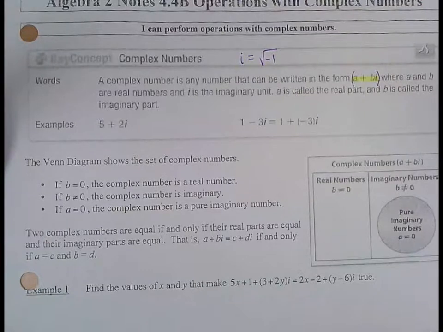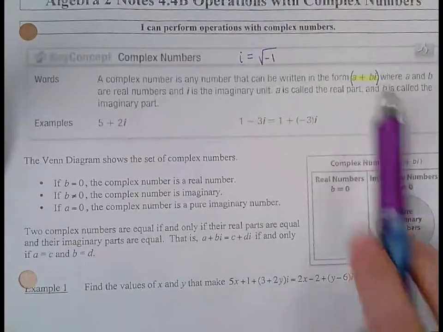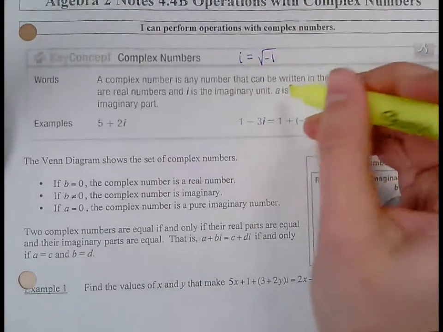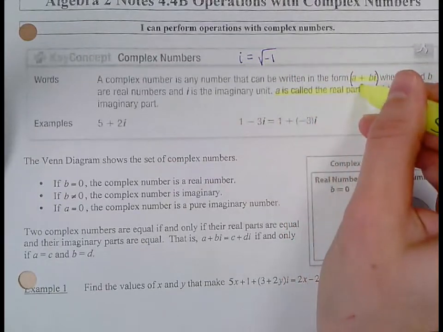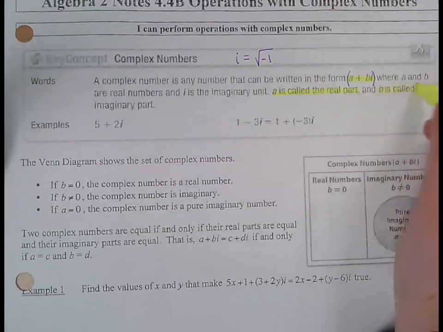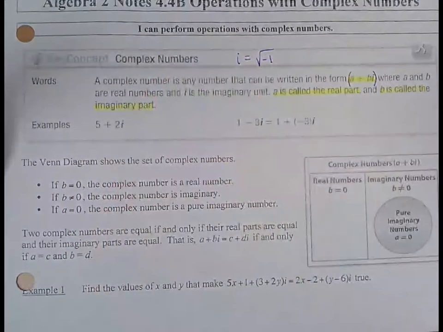So it looks like two separate numbers together, but it's one number. a and b do represent real numbers in that expression. i is the imaginary unit we talked about yesterday. a is called the real part of the number because it does not have the imaginary unit attached to it. And then b is called the imaginary part because it is attached to the imaginary unit i.